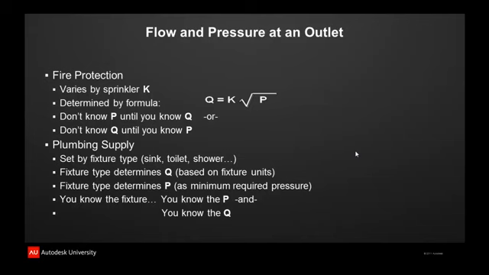So a sink would have a fixed number of fixture units, which converts ultimately into a flow, and a required minimum pressure, similar for a toilet or a shower or any other fixture. Therefore, if you know the fixture, then by the standard you're making use of, you know the pressure and you know the flow. That's a key difference between fire protection calculations and plumbing calculations.